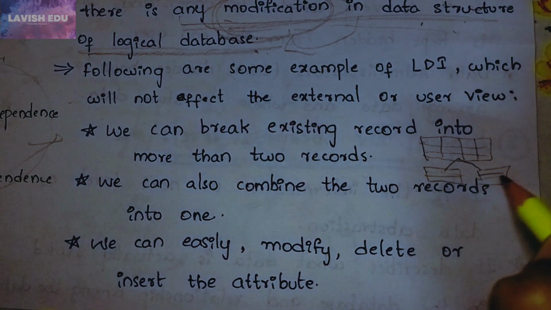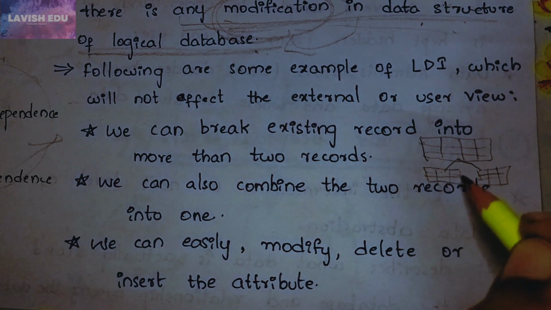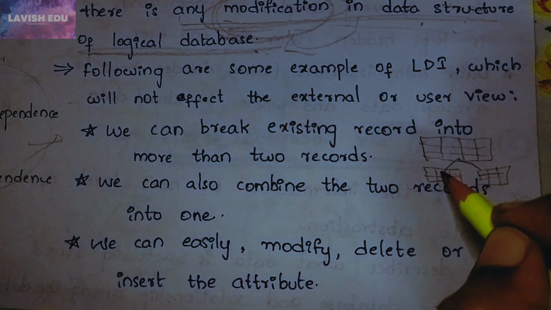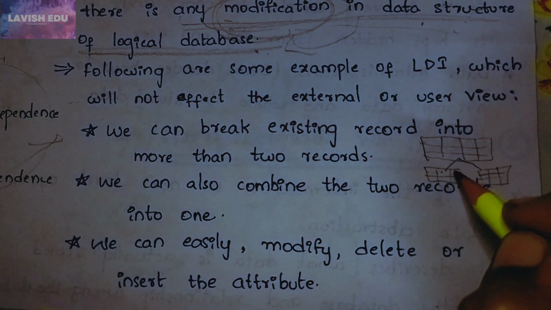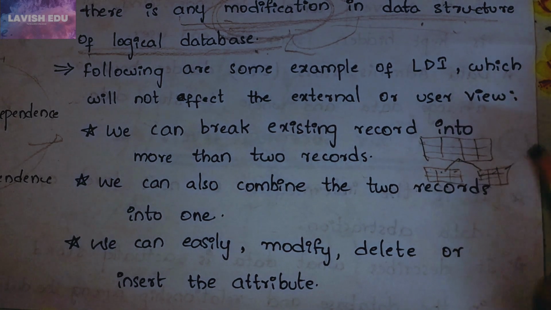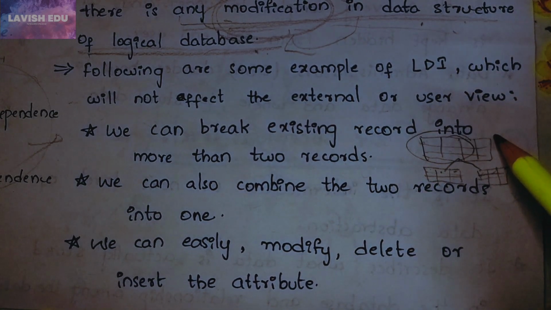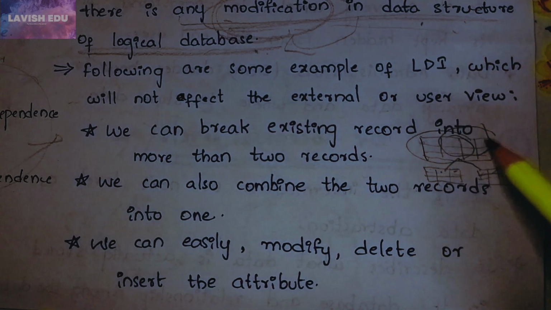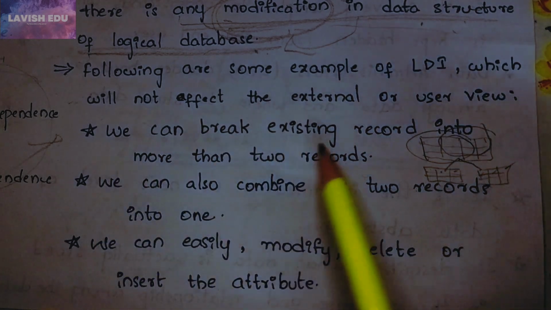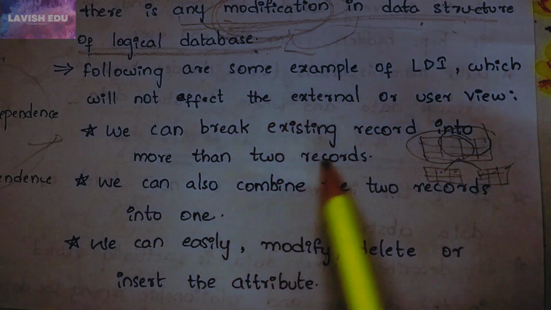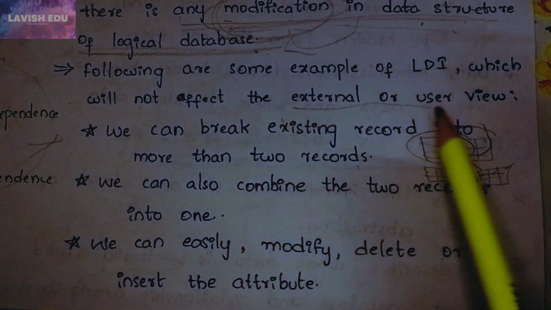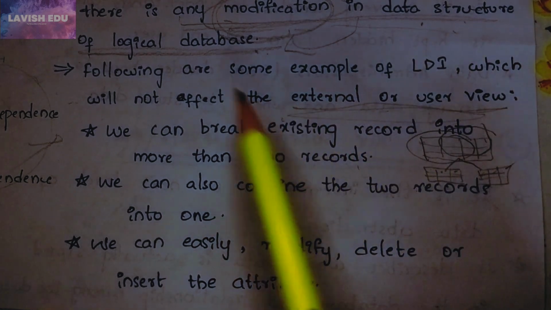These are nothing but two sub records, like name, roll number, age, and name, roll number, and course. We divide on the basis of these three columns and these three columns. So we can break an existing record into more than two records, which will not affect the external or user view.